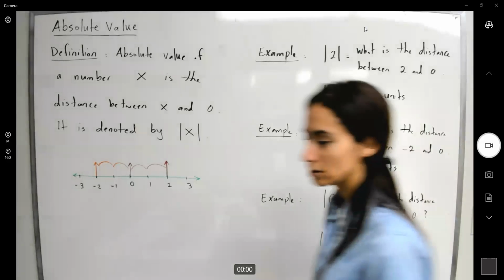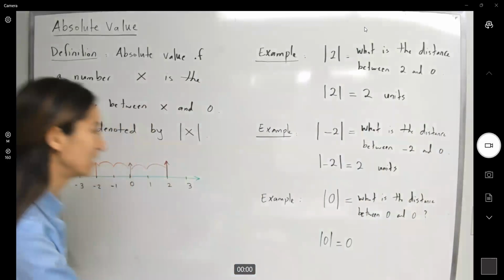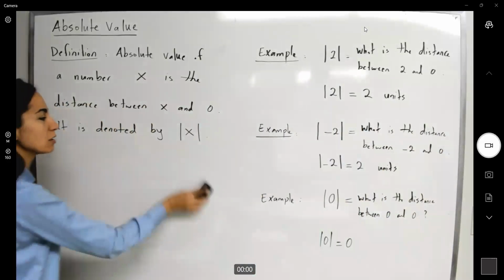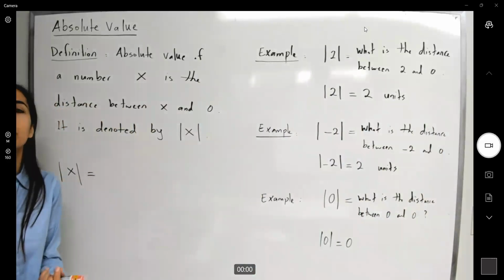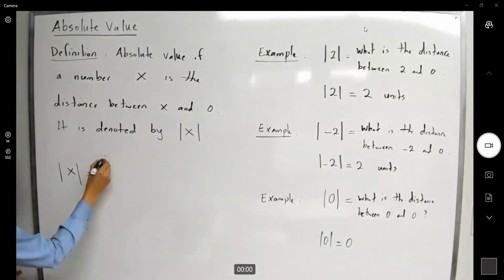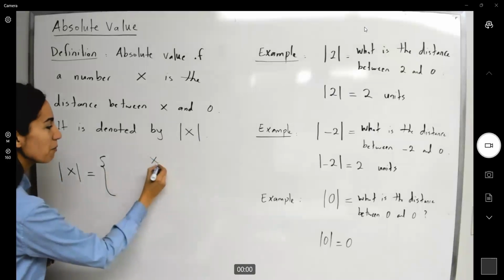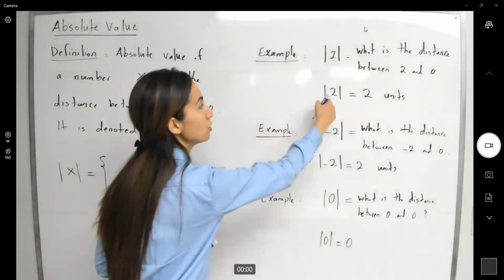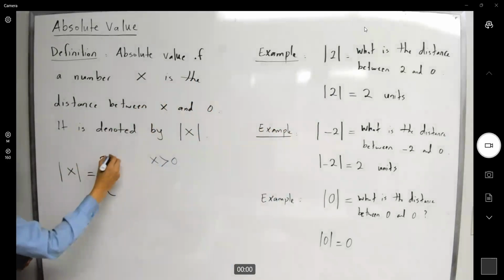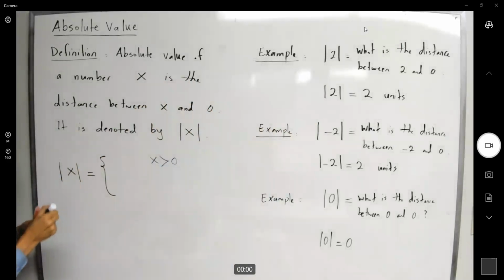So in general, we define absolute value this way. There is a general definition for the absolute value. The absolute value of x is defined as a piecewise definition. It has 3 pieces. When x is positive, like 2, you copy down x as the absolute value of x.